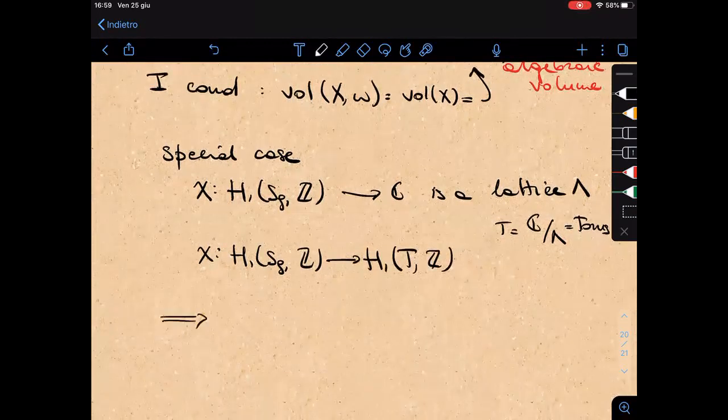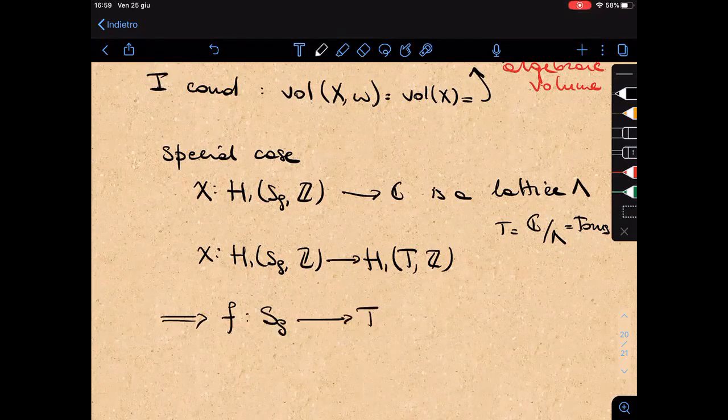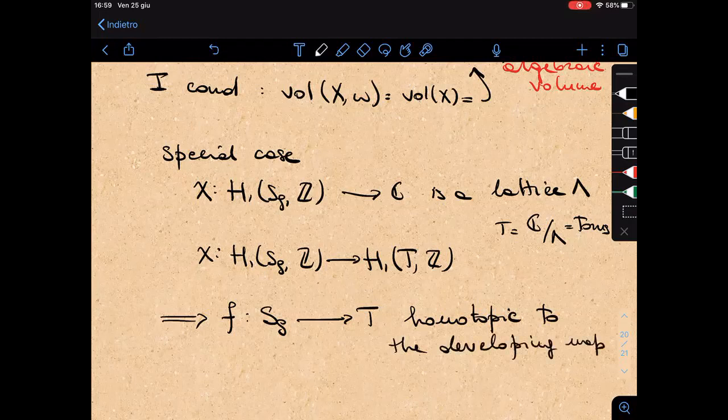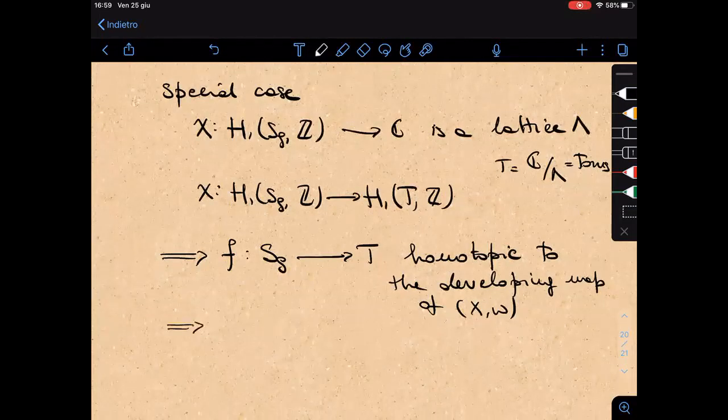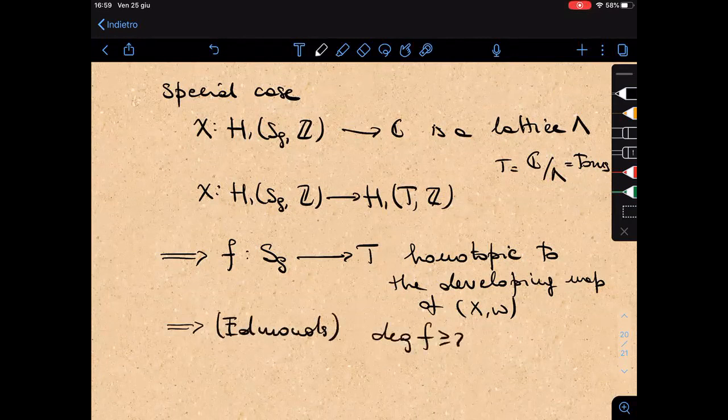And this implies that there is a mapping F from S_g to T which is homotopic to the developing map of this translation surface. And by a theorem of Edmonds, the degree of this mapping has to be at least 2.